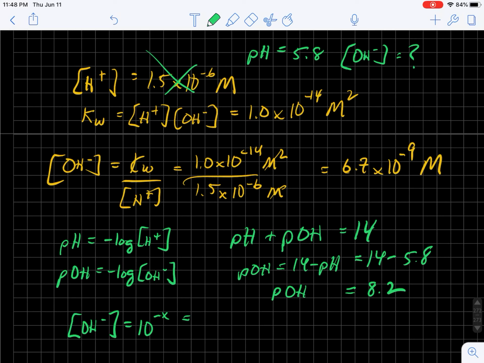If you go to the shift function, the log should be a 10 to the x key. And I'm sorry, not 10 to the negative x, 10 to the negative pOH. All right, so we're looking for the 10 to the x button here.